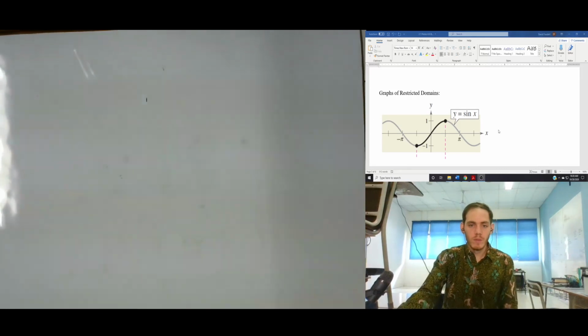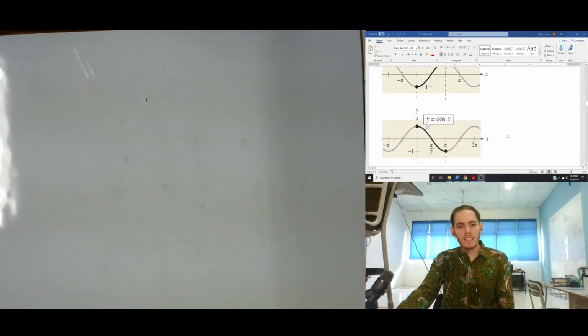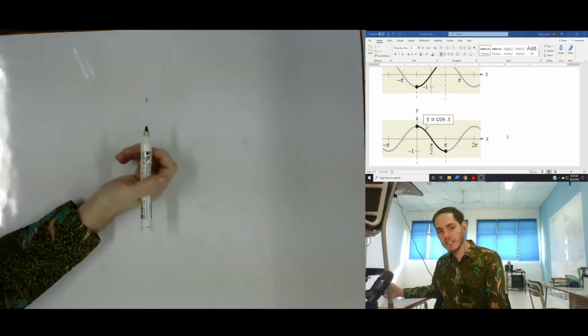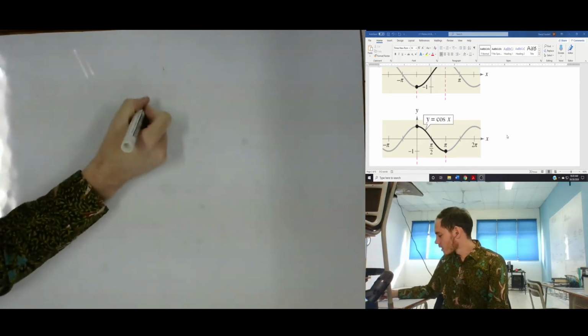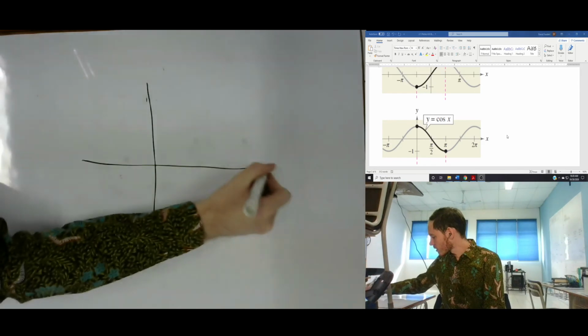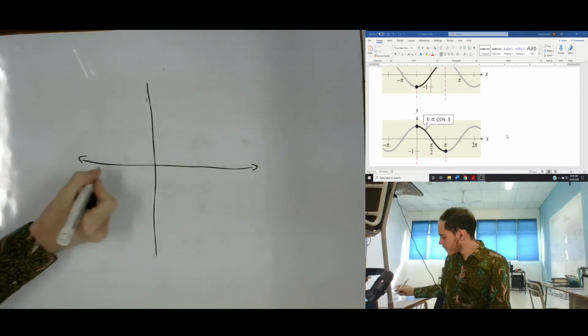Understanding that we have to restrict our domain. Now, cosine, again, is also restricted. Cosine is going to be restricted between 0 and pi. So cosine is going to start with its max and go to its min.